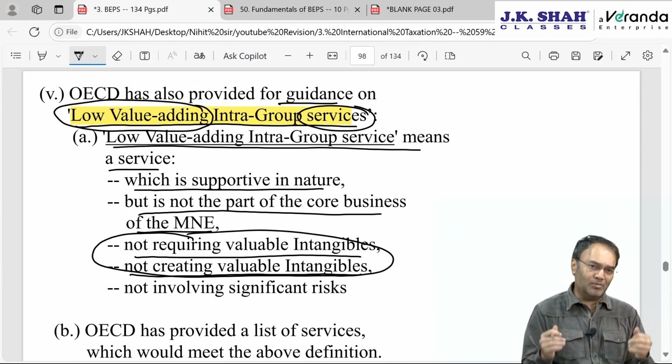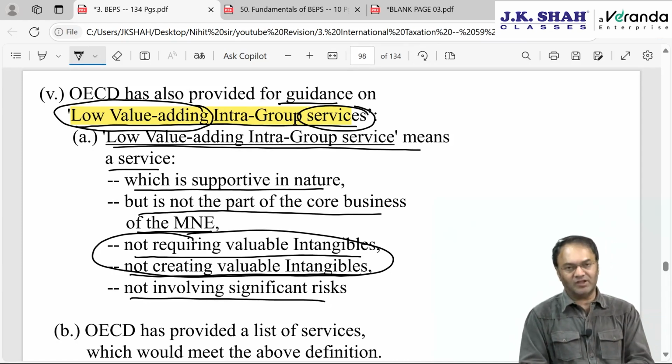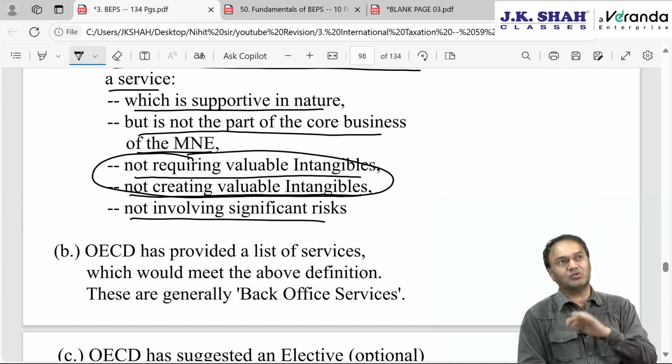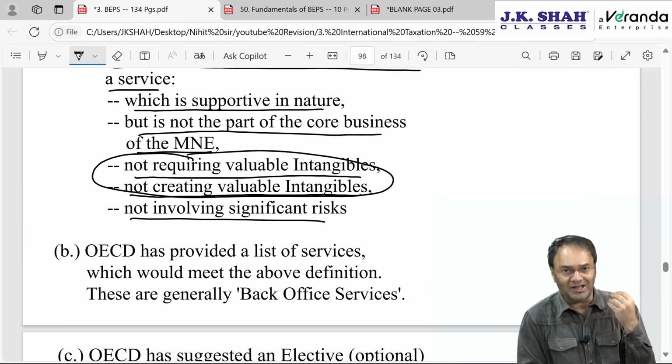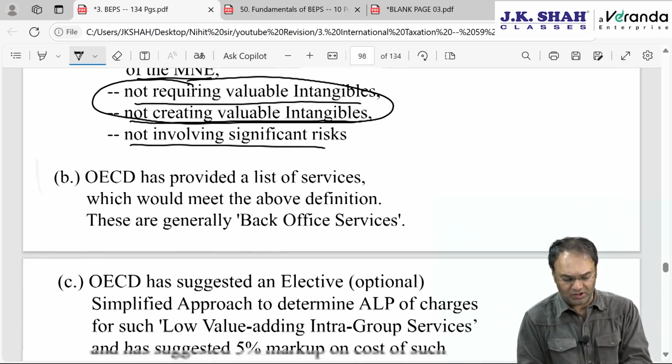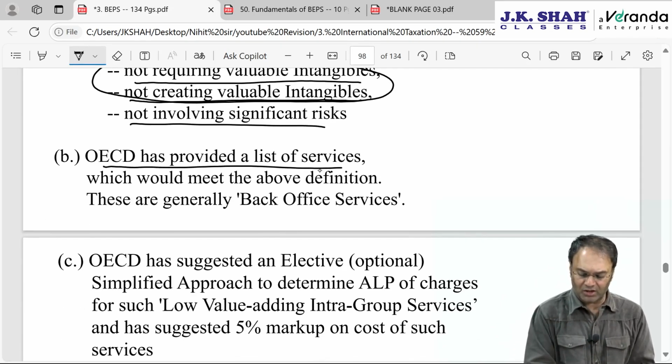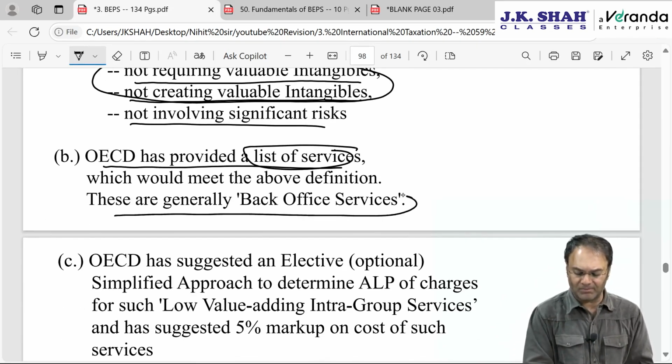So you will have to remember all these things. Not even involving significant risk. The person who does billing activity is not actually bearing any kind of risk at all. His business is totally risk free. A person who does quality testing work is the same. OECD has provided a list of such services which are generally back office services.